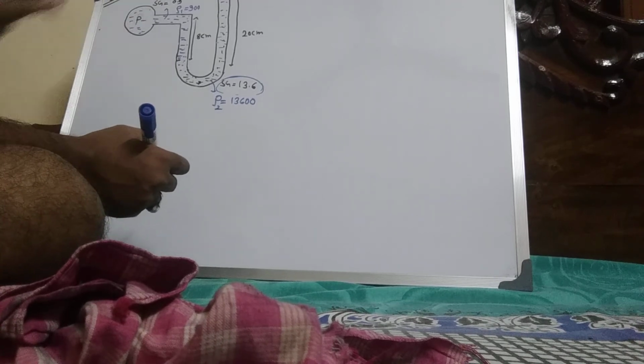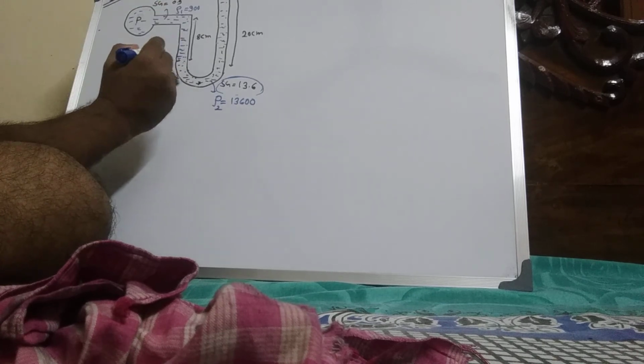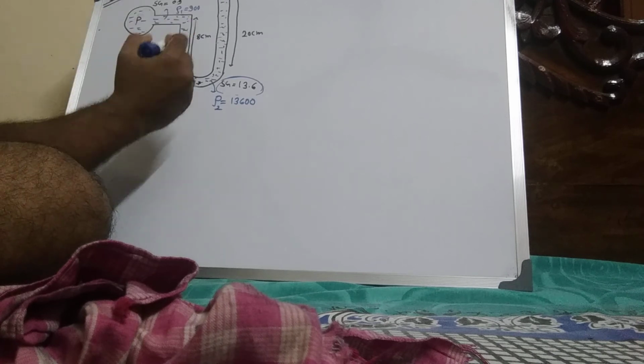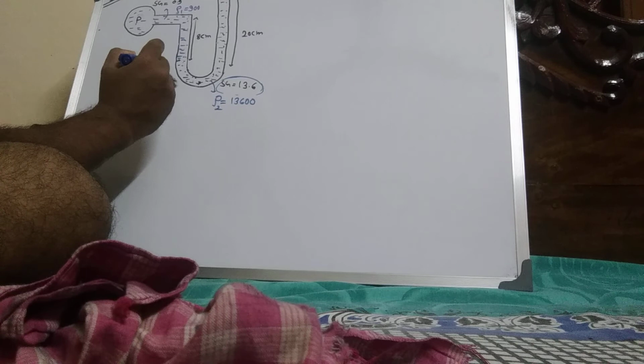This is the relative density or specific gravity. First we take the reference line at the lower level of the manometric liquid.